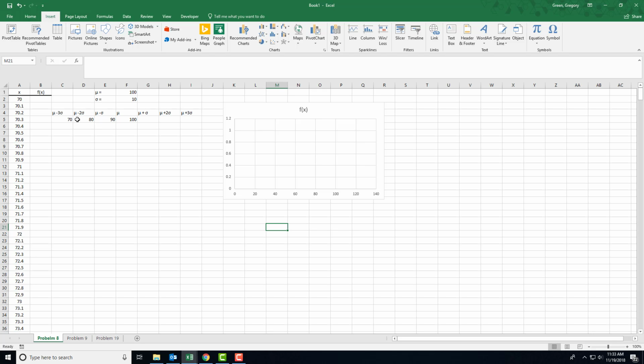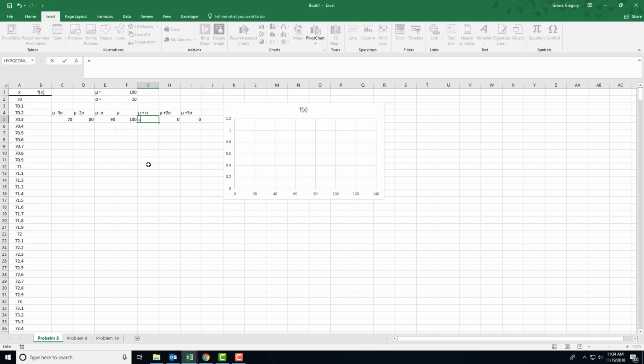And from some of our rules from earlier, things that we know, 99% of all of my random variable values should be within 3 standard deviations of either side of the mean. So I have been constructing where these standard deviations should lie.